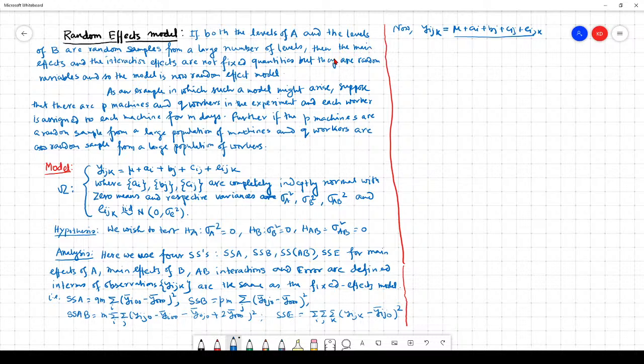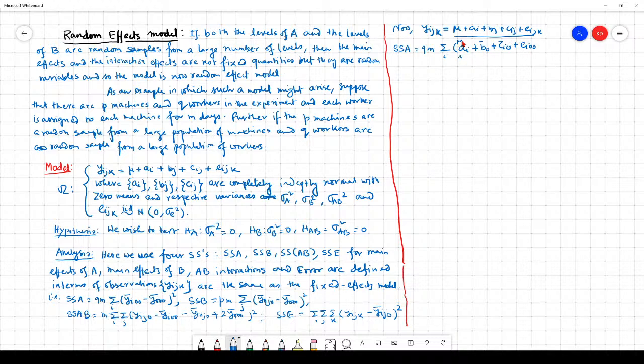Then yi naught bar minus y naught bar is equal to Qm sum over i of Ai plus B naught bar plus Ci naught bar plus Ei naught bar.